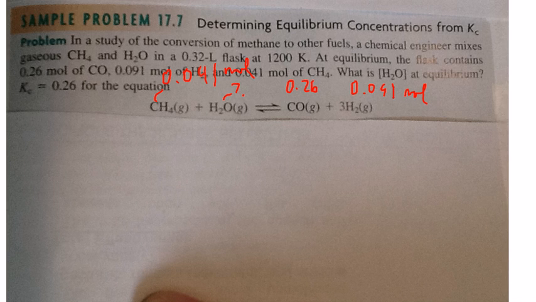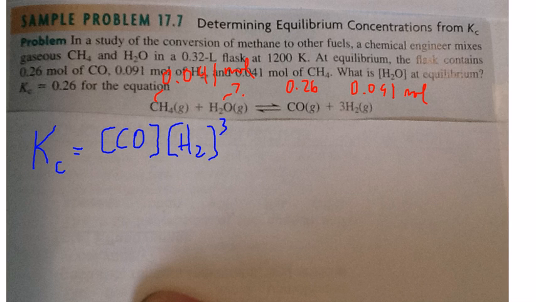So, looks like we have a situation where we can write the equilibrium expression, right? So we have carbon monoxide concentration times the H2 concentration cubed divided by CH4 times H2O.